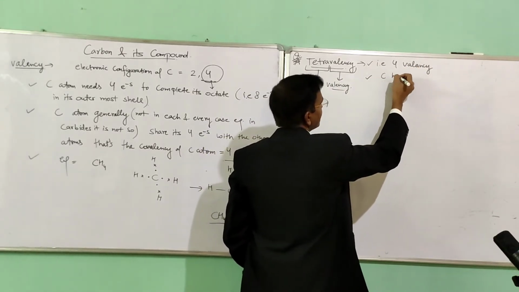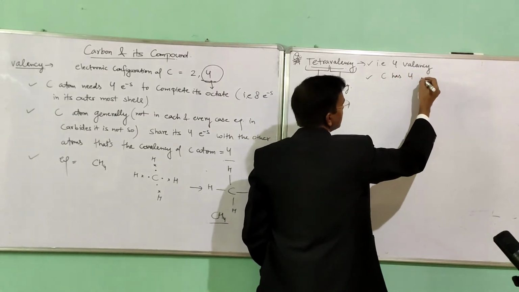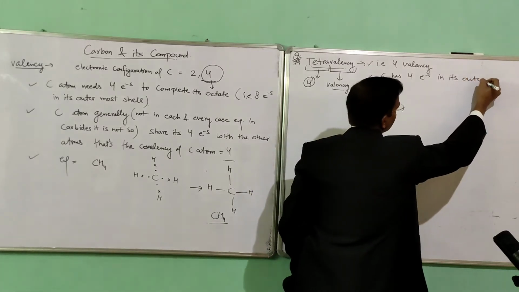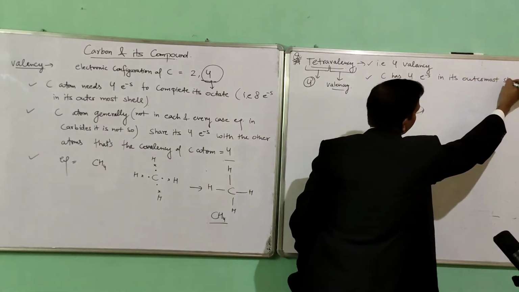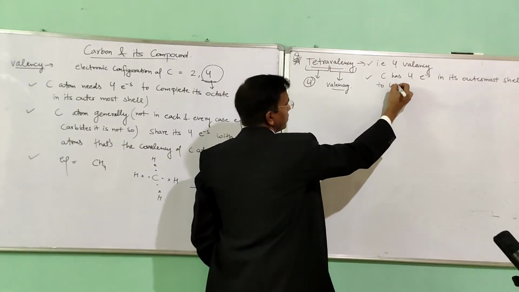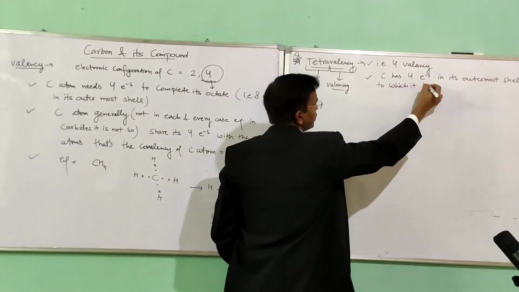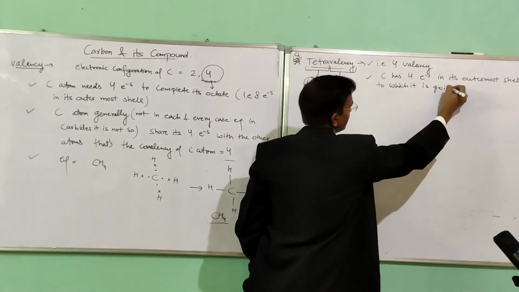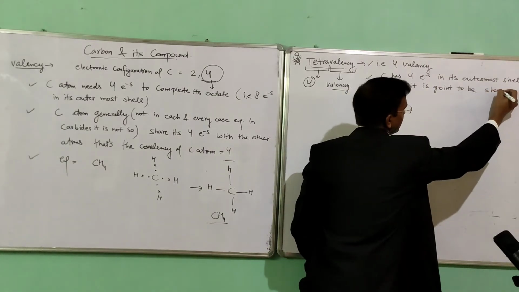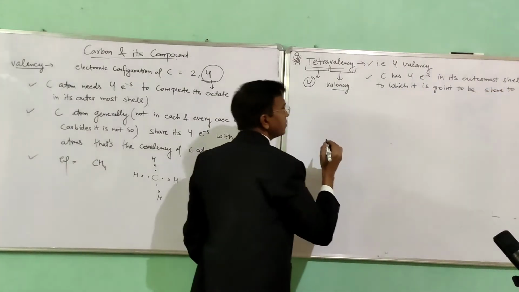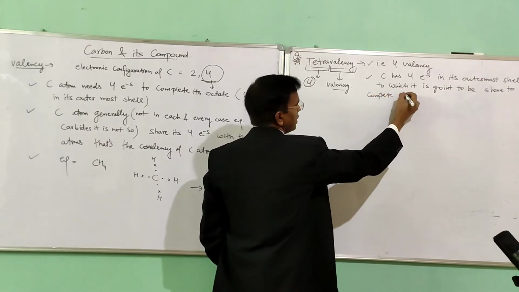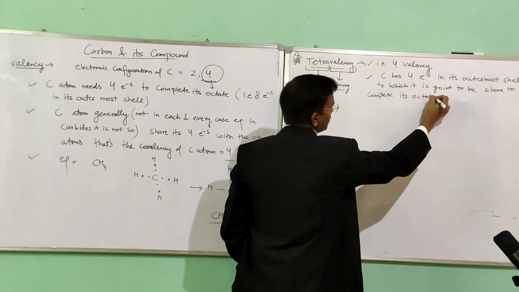So carbon has 4 electrons in its outermost shell, which it shares to complete its octet.